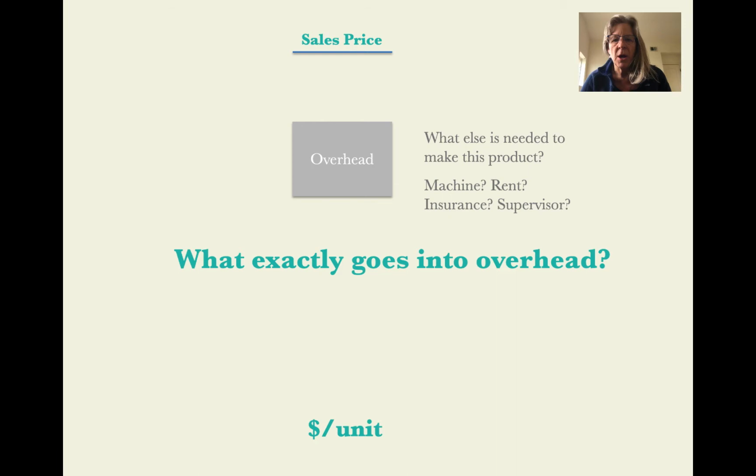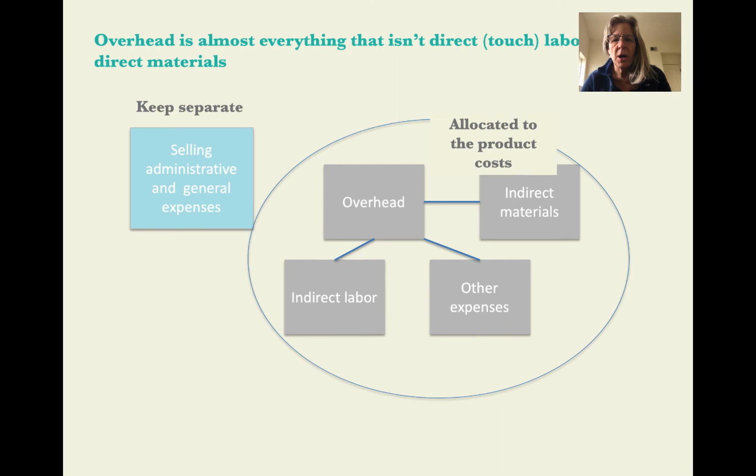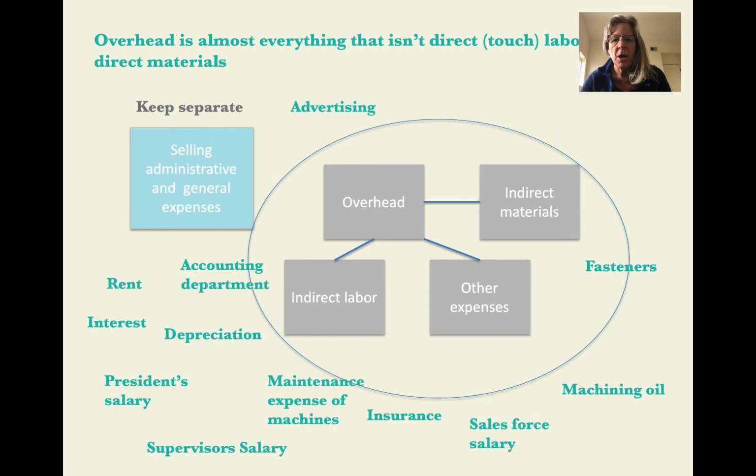So the first question is, what exactly goes into the overhead costs? And here are kind of a categorization. There are some costs that are not direct touch labor that stay in a category called selling, administrative, and general expenses. And there are others that are allocated to overhead costs. So we look at these, and I'm going to put a whole bunch of costs here, and we'll look at why they fall into different categories.